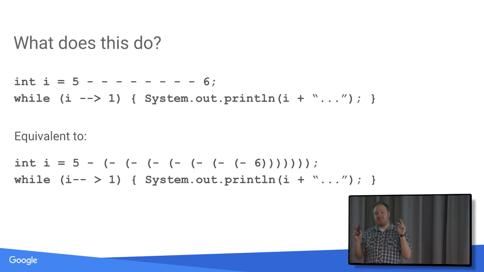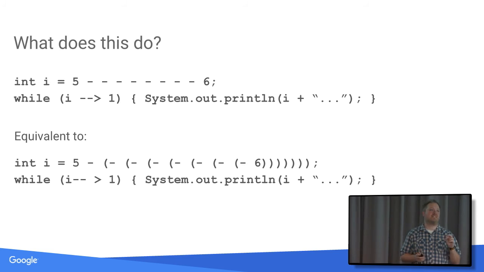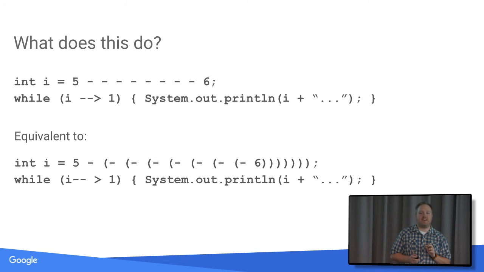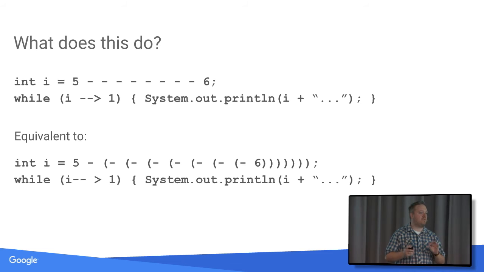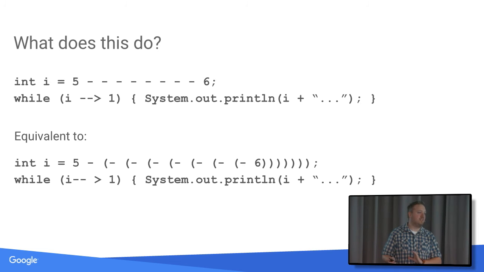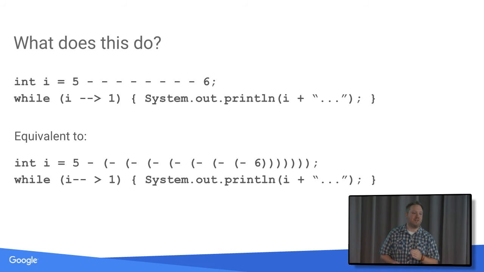The approaches operator is actually equivalent to i-- > 1. The trick here is that, and of course never do this, it doesn't matter how you write and how spacing works as long as it's parsable. So as long as the compiler can parse through what you're doing, it treats it as valid.